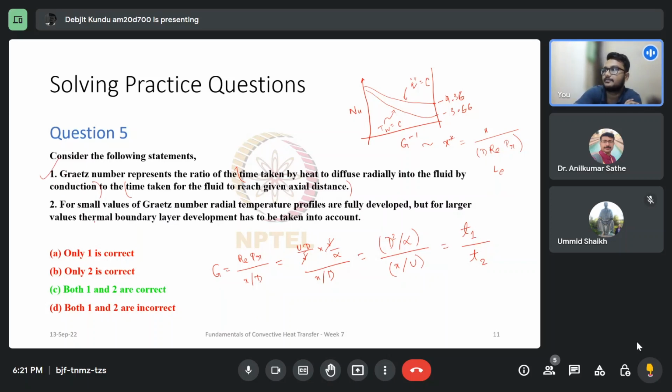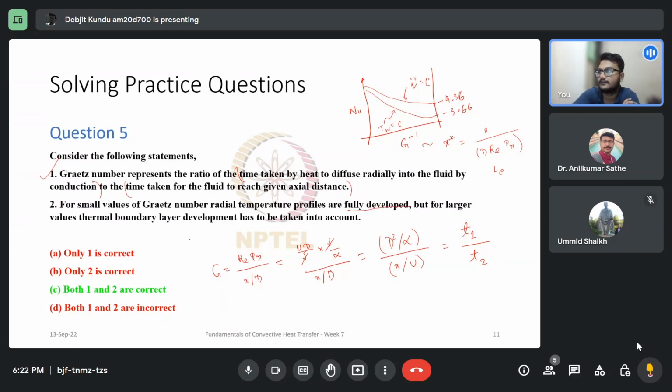Now moving on to statement 2: for small values of Graetz number, radial temperature profiles are fully developed. Small Graetz number means inverse of Graetz number being high, meaning this x star being high, so it would approach fully developed.